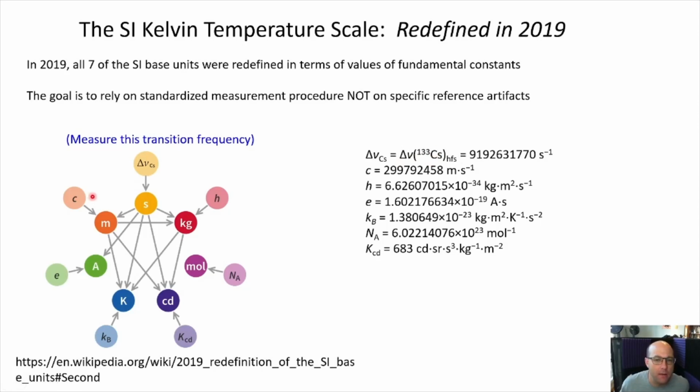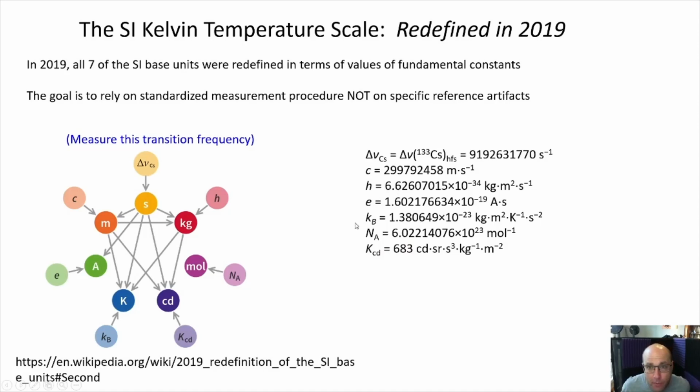And then the whole rest of the system can be defined by asserting the value of certain fundamental constants, like the speed of light, Planck's constant, charge on the electron, Boltzmann's constant, Avogadro's number, and then this candela unit, which I actually don't know very much about, to be honest. This is a unit of light intensity or luminosity, and I'm not very familiar with this.